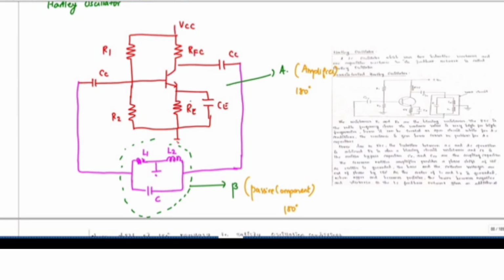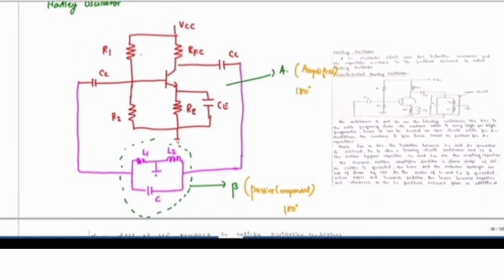The Hartley oscillator uses two inductors or a tapped coil and one capacitor in order to produce the required feedback for continuous oscillations, and it works on the principle of positive feedback. What does positive feedback mean? Part of the output signal is fed back to the input, and both are in phase, that is positive feedback.